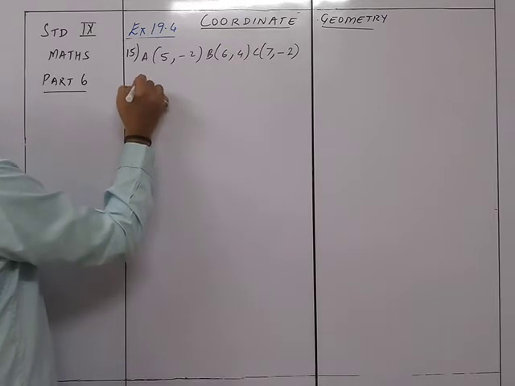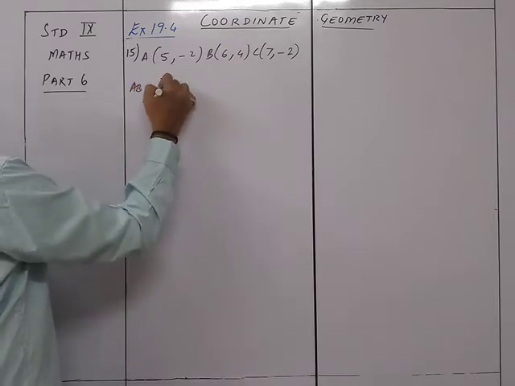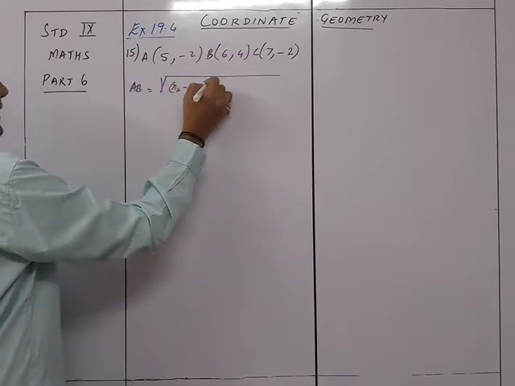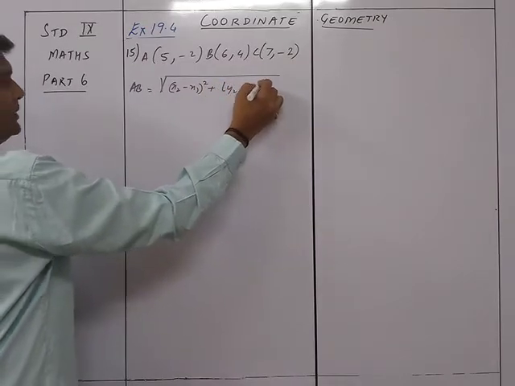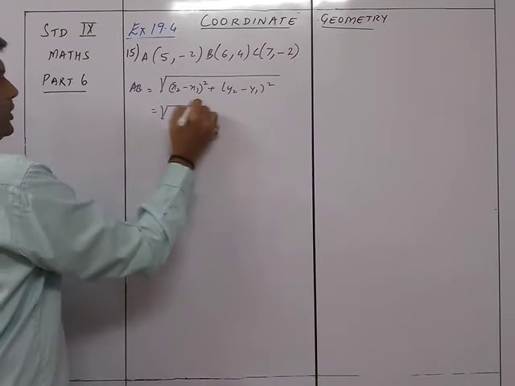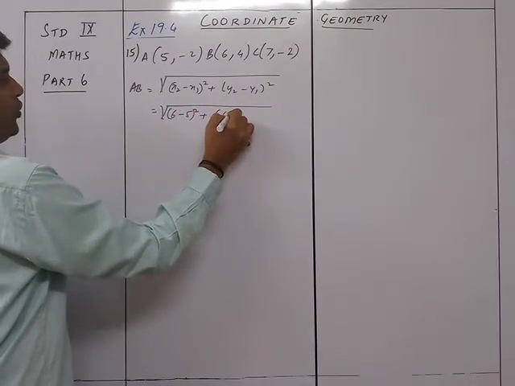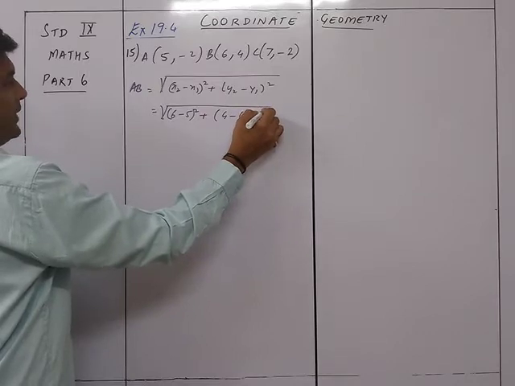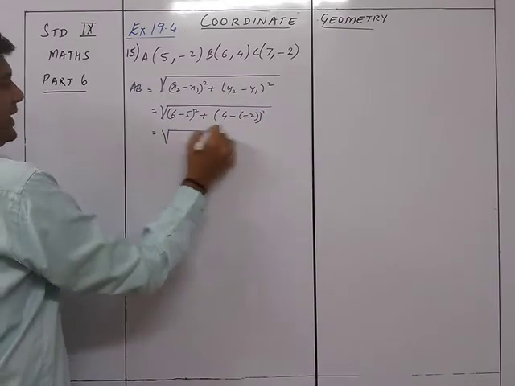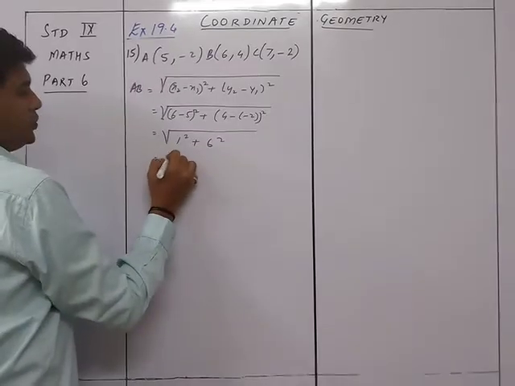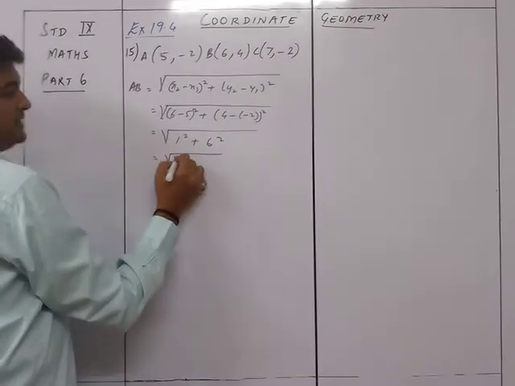We get AB equals square root of x2 minus x1 the whole square plus y2 minus y1 the whole square. That is going to give you 6 minus 5 the whole square plus 4 minus of minus 2 the whole square. So that's 1 square plus 6 square, that is root of 37.